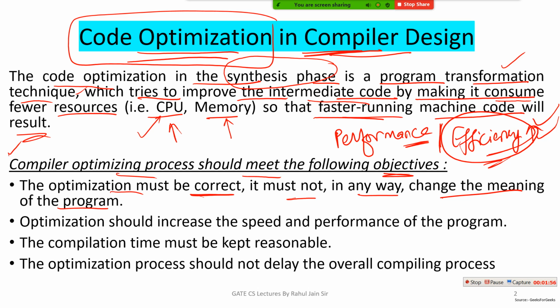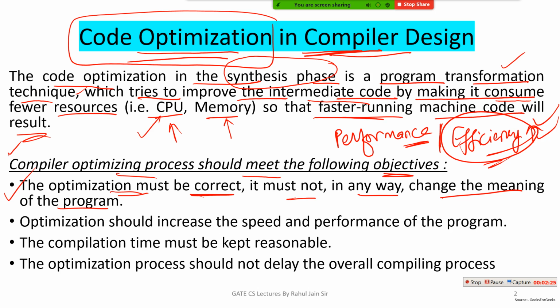We can do optimization, it is okay, but it should not change the meaning of the program, because if it does, it is not correct optimization, it will be considered incorrect. That is why optimization should always be correct.